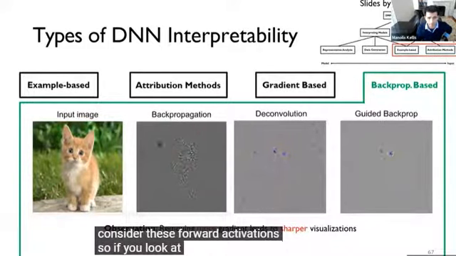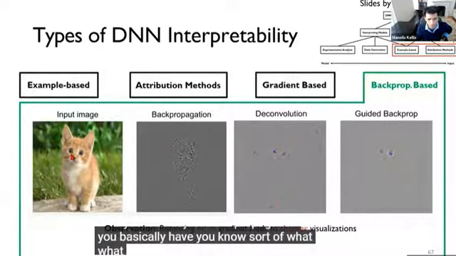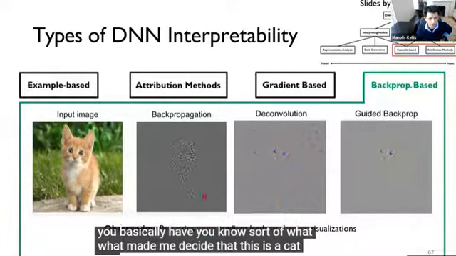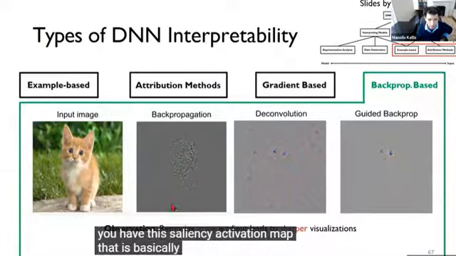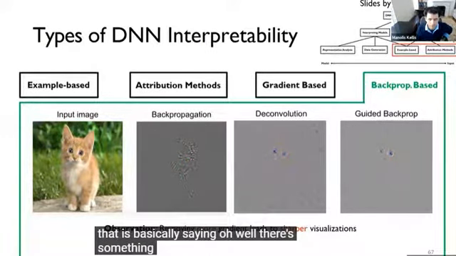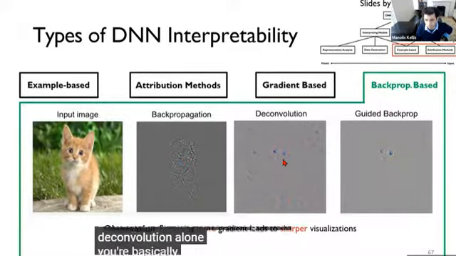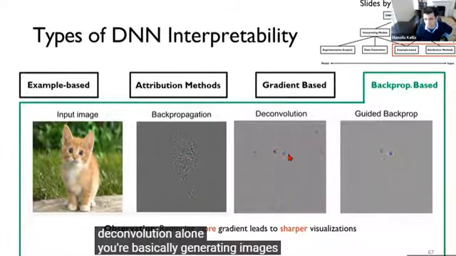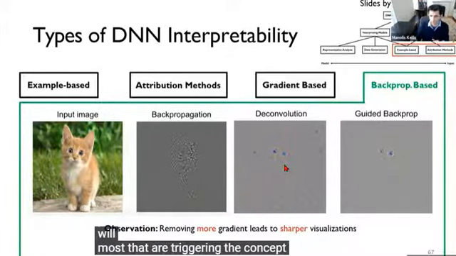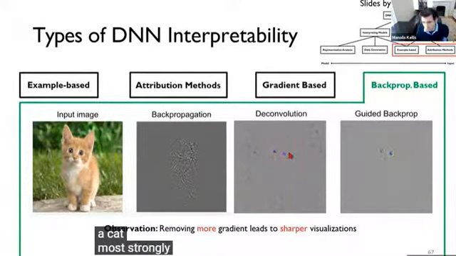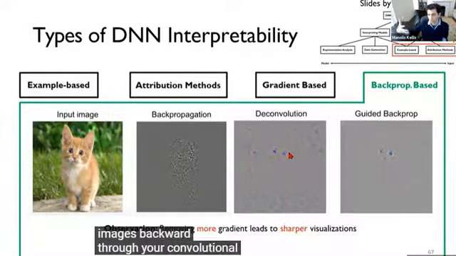So if you look at just backpropagation, you have what made me decide that this is a cat. You have this saliency activation map that is basically saying, oh, well, there's something somewhere in this whole image. With deconvolution alone, you're generating images that trigger the concept of a cat most strongly, and therefore generating images backward through your convolutional filter.